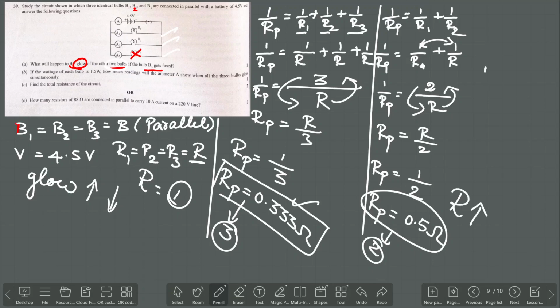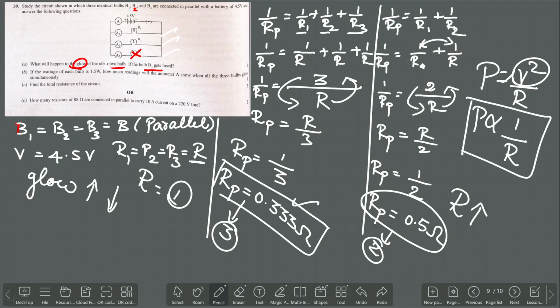Increase. So the formula is P is equal to V square by R. Since the potential difference is constant, we can say that power is inversely proportional to the resistance. What is the meaning of the word inversely proportional? If resistance is more, power will be less. If resistance is less, power will be more.